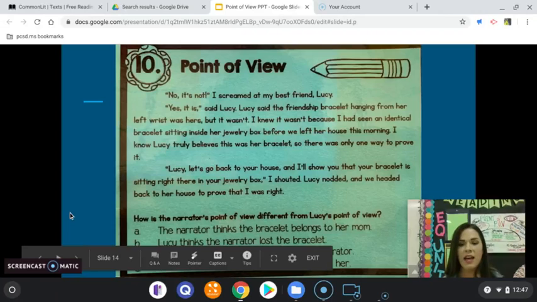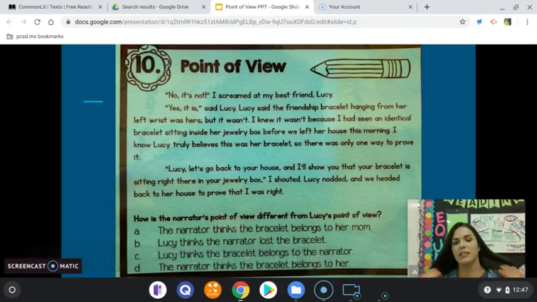Now, I have some more examples at the end of this PowerPoint that I want to discuss because as you are 5th and 6th graders, when you have a text with some questions, they are not simply going to ask you, hey, what point of view is this written? It's going to be, how does the point of view affect the character's thoughts and feelings?